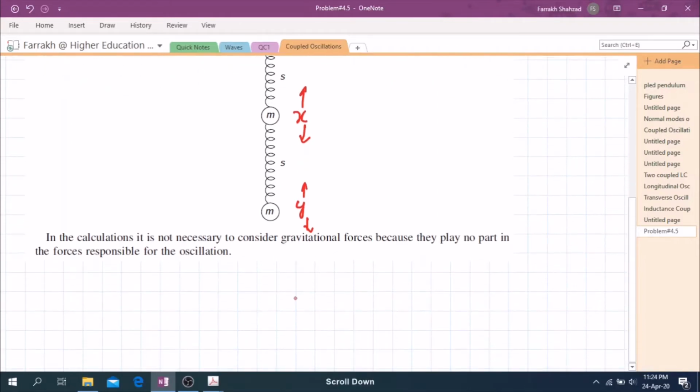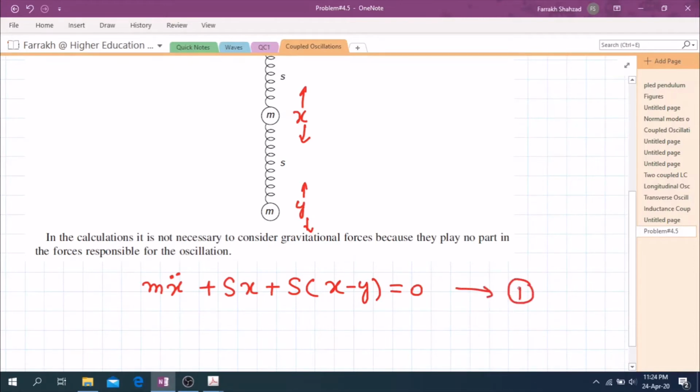So first I write the equation of motion for the upper mass. It would be one term from Newton's second law of motion, then Sx, plus S into (x minus y) equals 0, and I label it as equation 1.